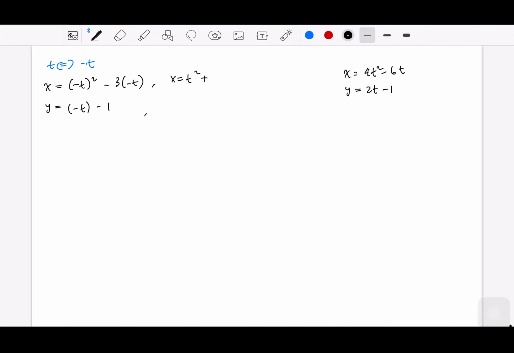This is minus, so this becomes plus, and y is negative t minus 1.